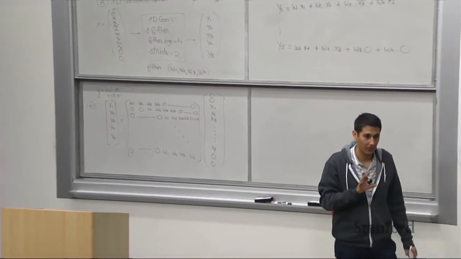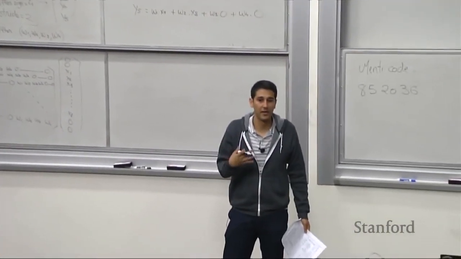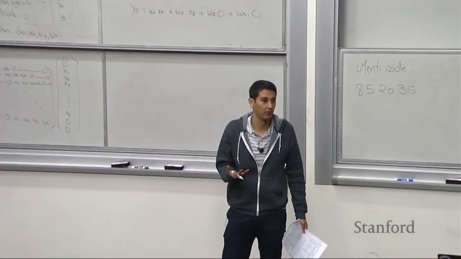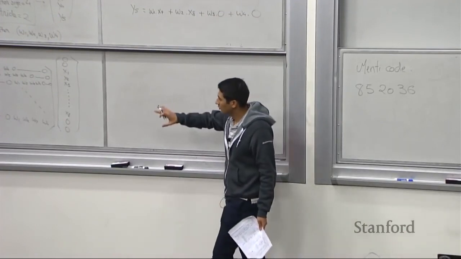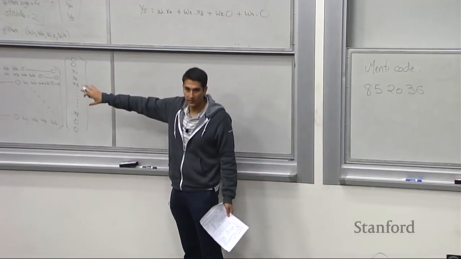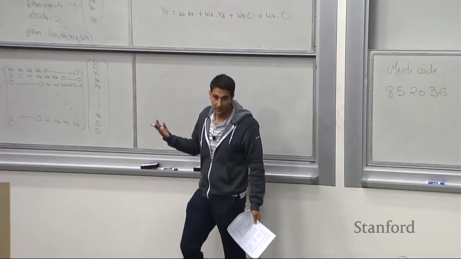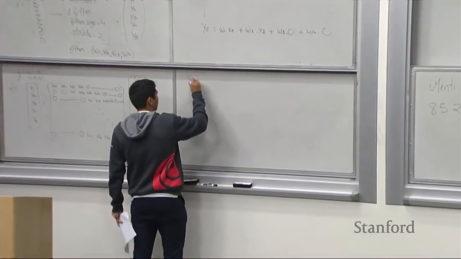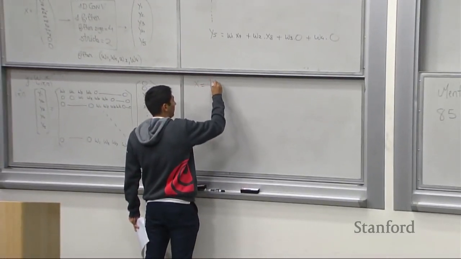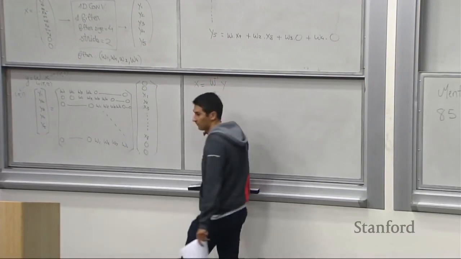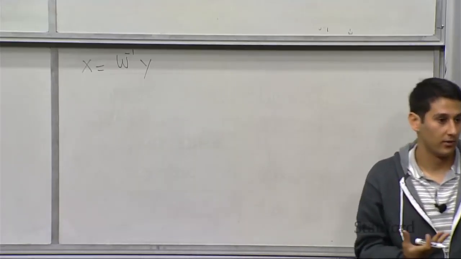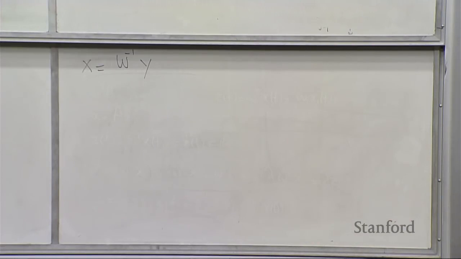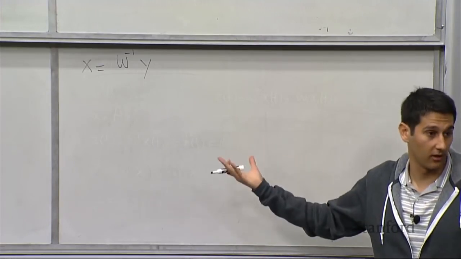So why is this important for the intuition behind the deconvolution and the existence of the deconvolution? It is because if we manage to write down y equals Wx, we probably can write down x equals W^-1 y, if W is an invertible matrix. And this is going to be our deconvolution.